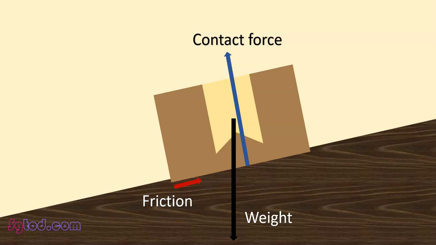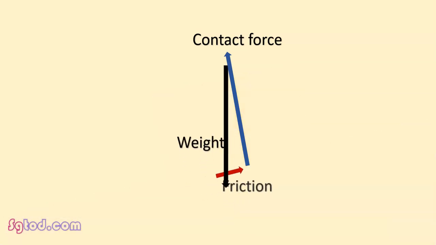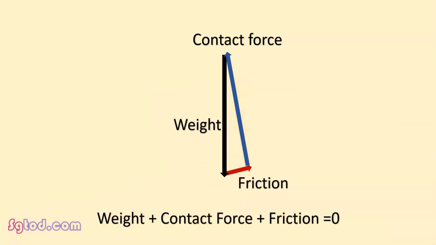If an object is not moving on the slope, what it means is that these three forces are balanced. Hence, the object is in equilibrium. Again, as we learned in Module 1, when an object is stationary, it does not mean that there are no forces acting on it. In this case, there are three forces acting on it, but it is stationary because the forces are balanced.